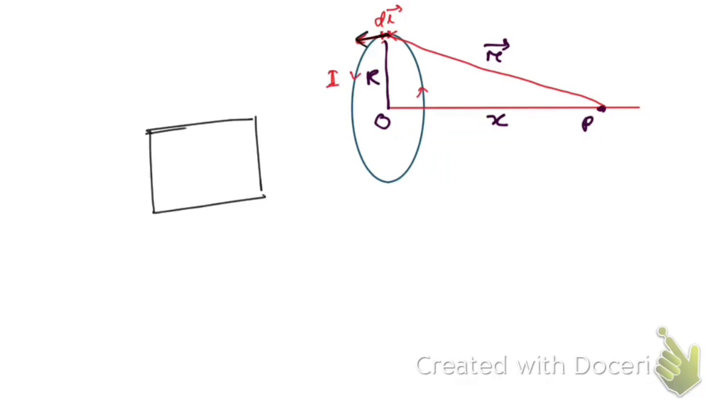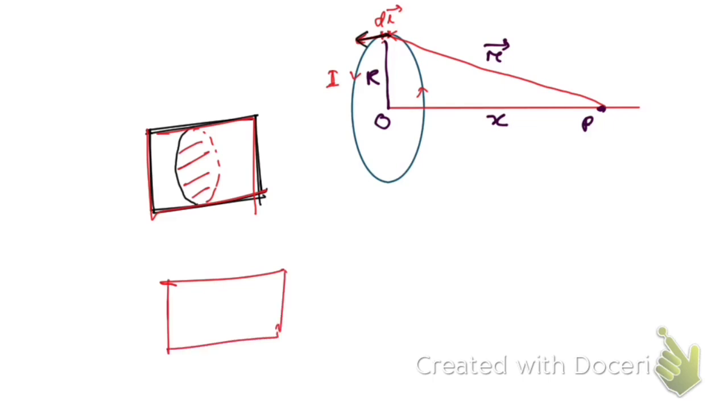This is the display of your device where you are watching this video, and half of the coil is out of the device and half of the coil is inside the device, and the plane of the coil is perpendicular to the display.